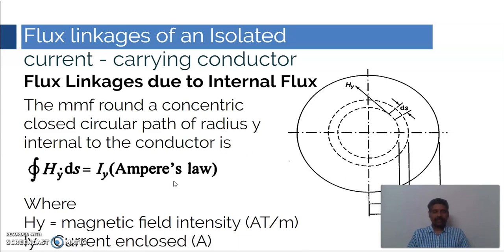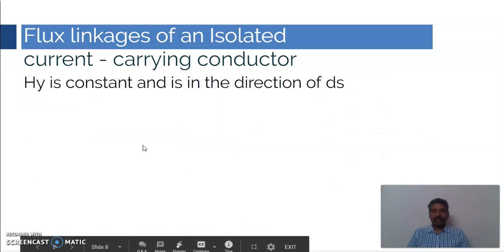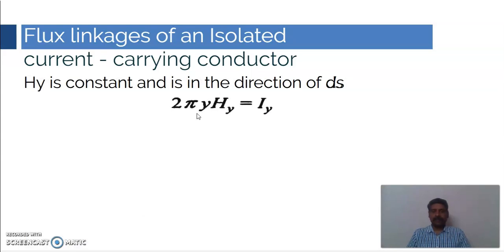If you integrate with respect to ds, we will get 2 pi y, which is the perimeter of that circular tubular column, and Hy is constant. So the integral will become 2 pi y Hy equals Iy.